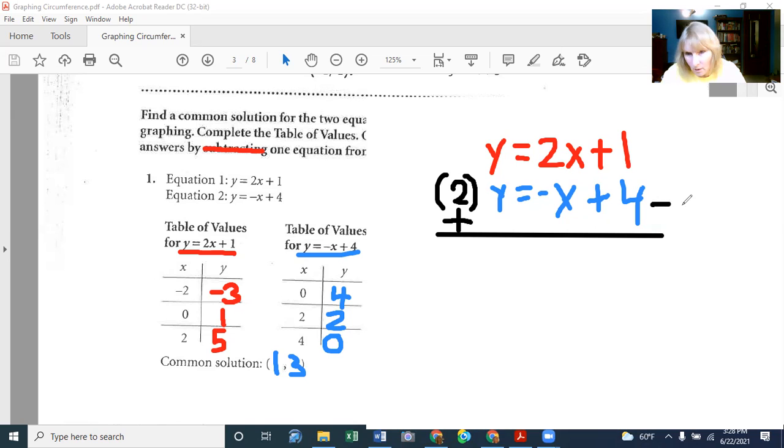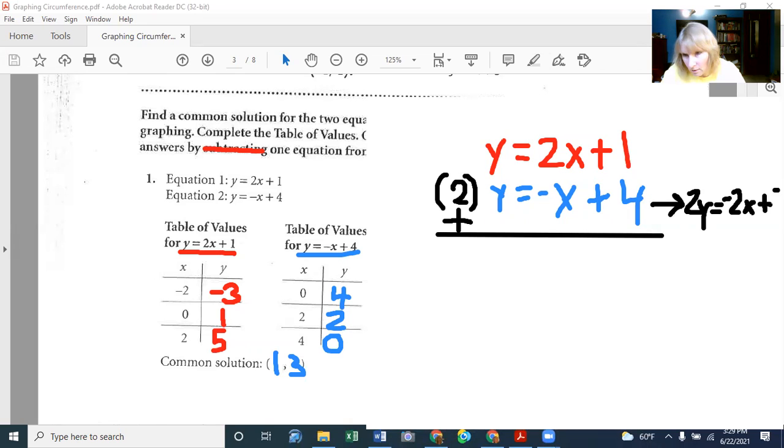So that's going to result in a new equation of 2 times y is 2y, and then I have to multiply 2 times negative x. That equals negative 2x. And then I have to multiply the 2 times the 4, which is going to give me 8.